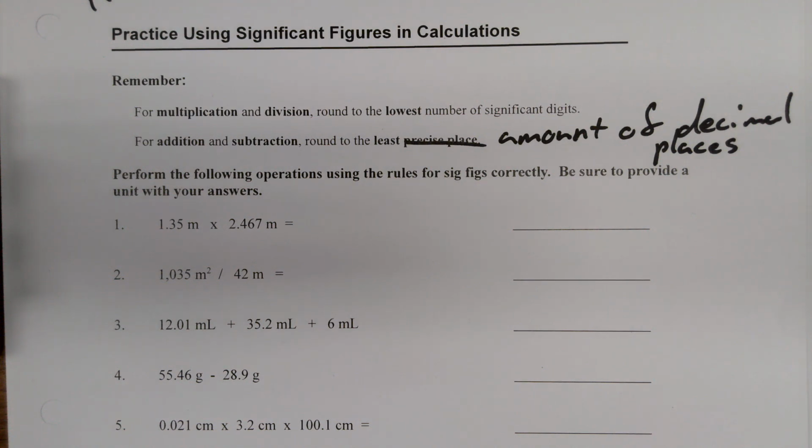Multiplication and division stay the same. I'm looking for the least amount of sig figs in my question. That's how many sig figs my answer will have. When I'm looking at addition and subtraction, I'm looking for the least amount of decimal places.